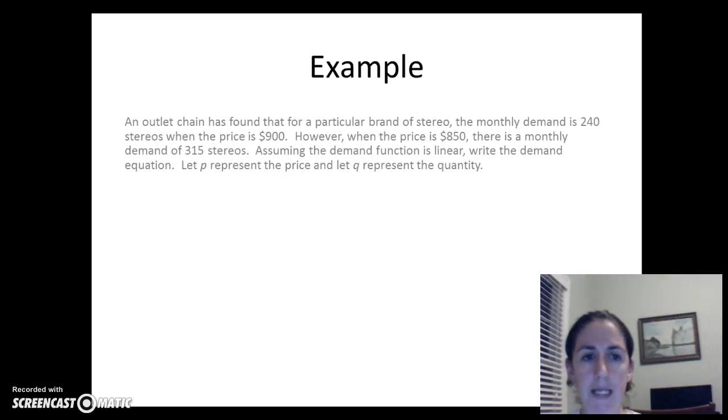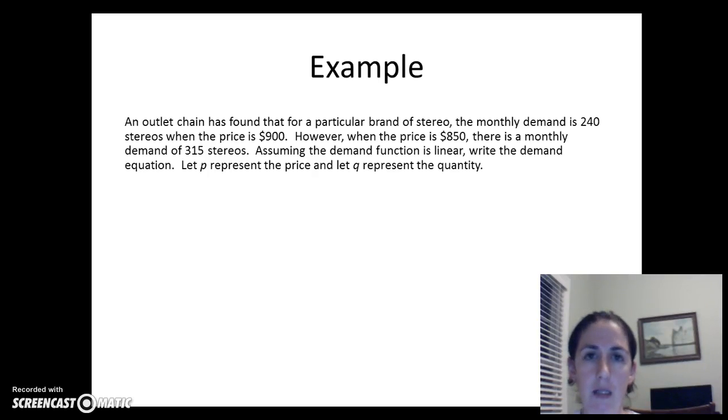So we'll end with one example. An outlet chain has found that for a particular brand of stereo, the monthly demand is 240 when the price is $900. But when they drop the price to $850, the monthly demand is 315. Assuming that the demand function is linear, let's find the demand equation. We'll let P represent the price and Q represent the quantity.